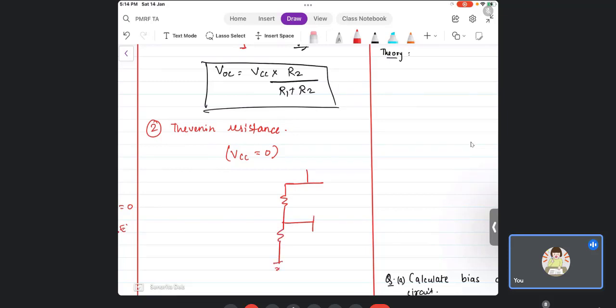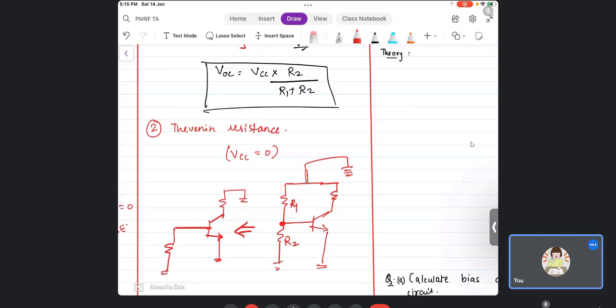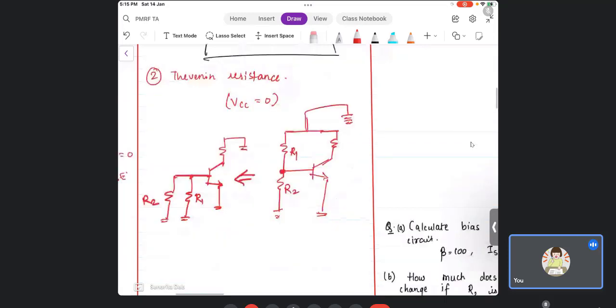Now this is connected, but this is ground. Now R1 and R2 are connected between two same points, right? This is the same as saying R1 and R2 like this, is it not? And therefore your Thevenin resistance is R1 parallel with R2.